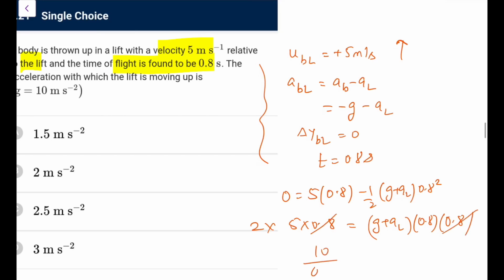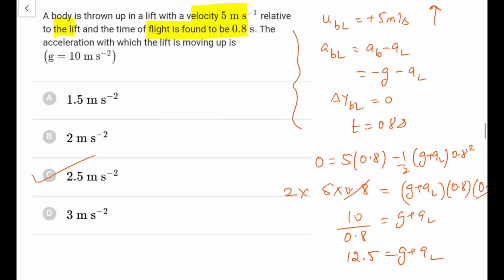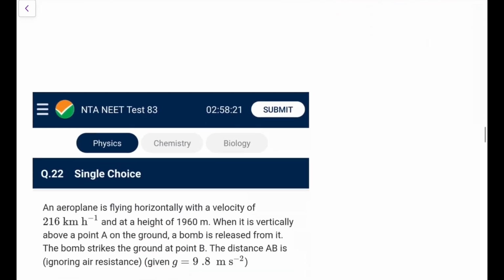So it is 10 upon 0.8, that is G plus AL. That is 100 by 8, that is 12.5, is G plus AL, which means AL is 2.5 meter per second square. You can safely take option C here. Again, this is a question on relative motion.